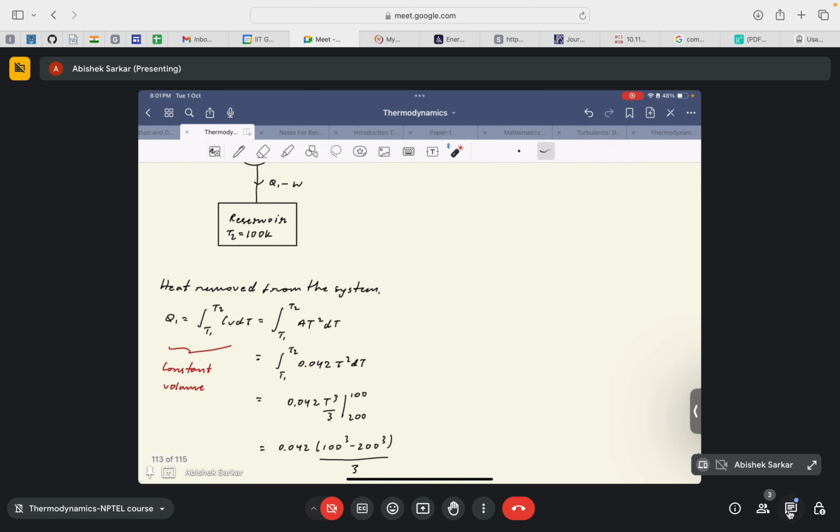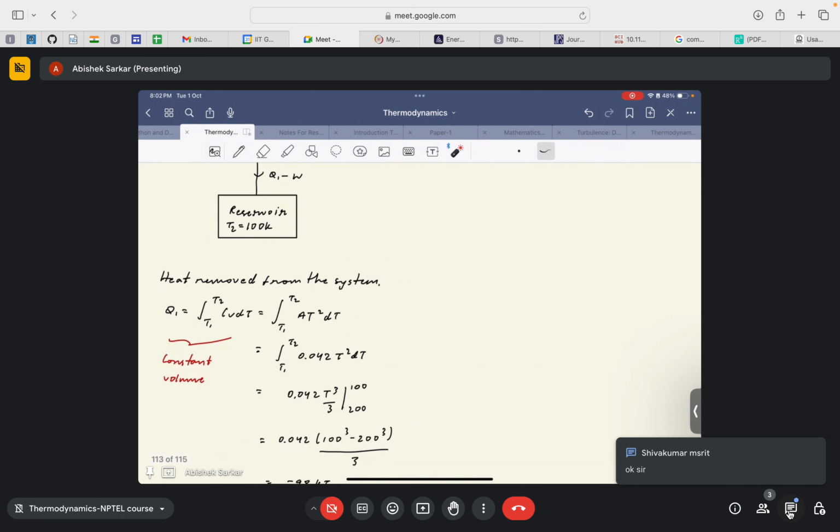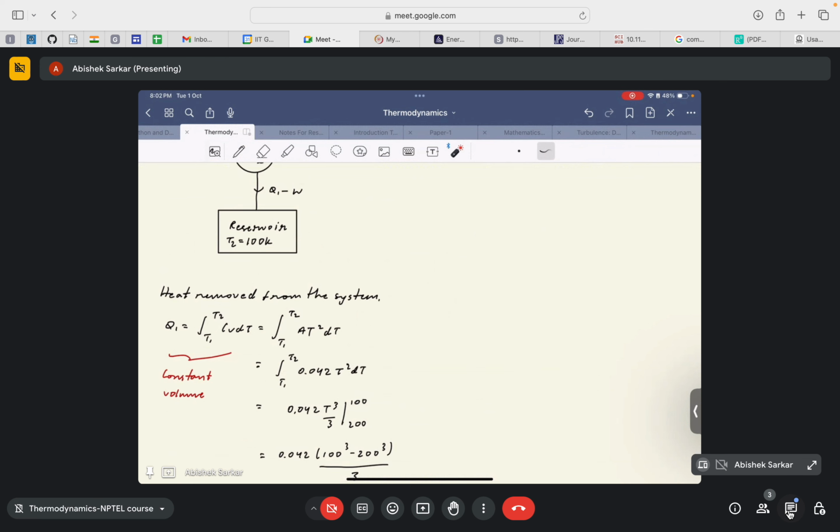So now the heat removed from the system, Q1, would be the integral of Cv dT from T1 to T2. Since it's constant volume, we can take it as constant volume heat exchange. And we know that Cv is equal to AT square, as given in the question.